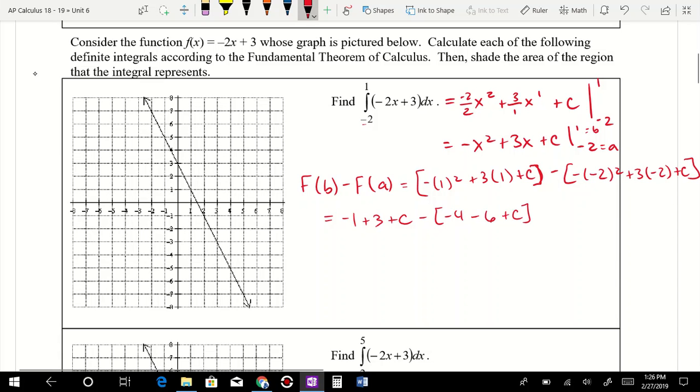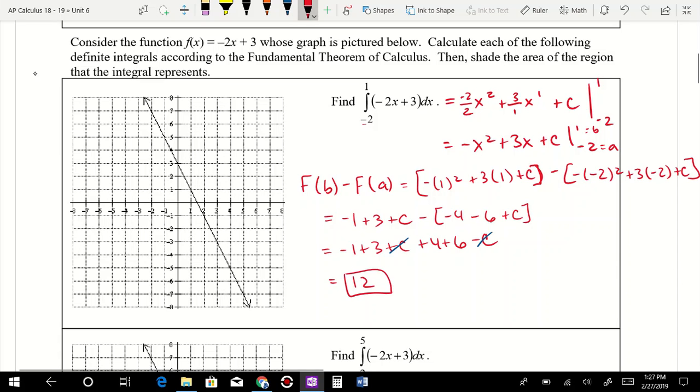When we distribute that negative sign, we'll get negative 1 plus 3 plus c plus 4 plus 6 minus c. The c's will cancel out, and that's the case any time you're using FTOC with a definite integral. Right, so then we'll get our final answer, which is 12.